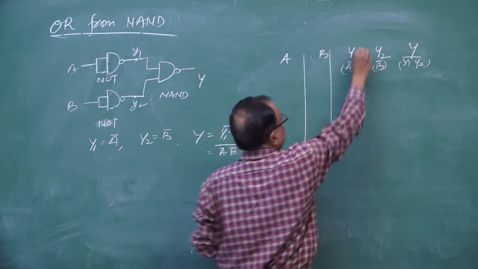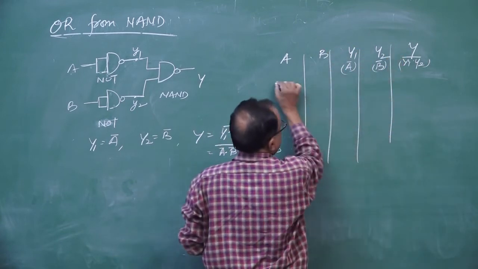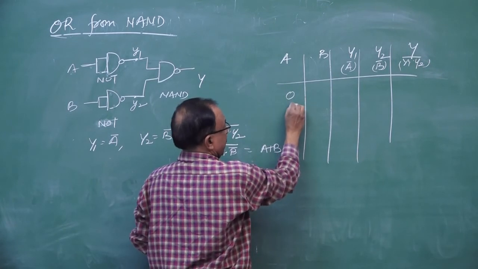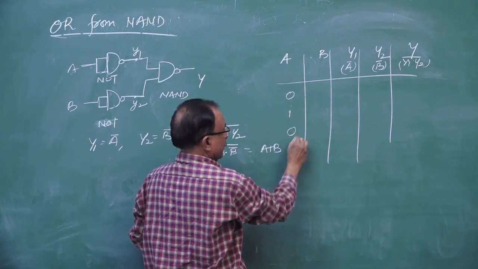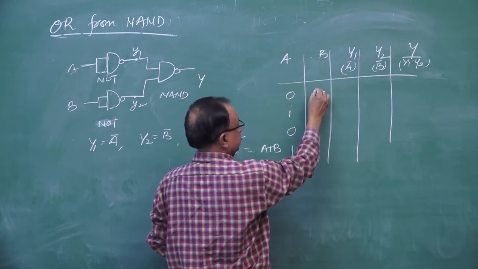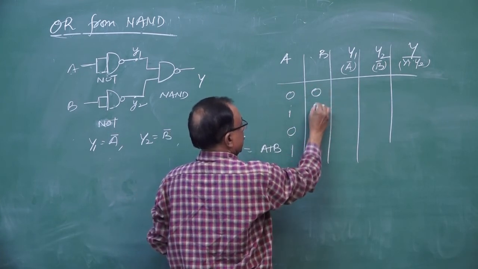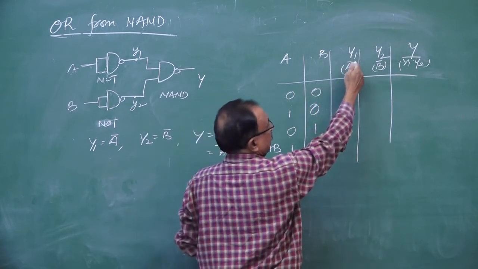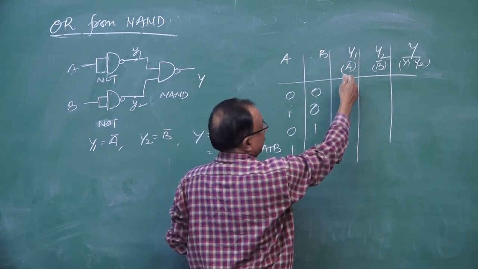We make the columns. We write the possible combinations of A in the sequence 0, 1, 0, 1 and B in the sequence 0, 0, 1, 1.